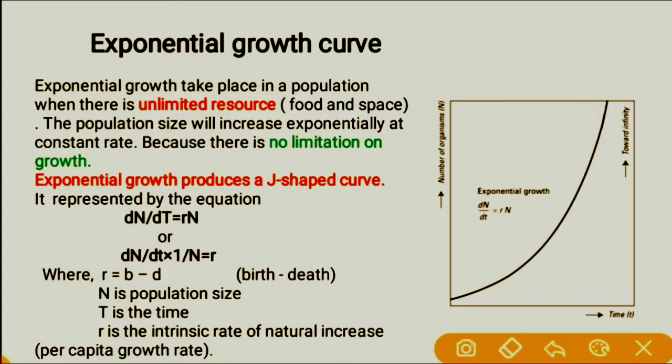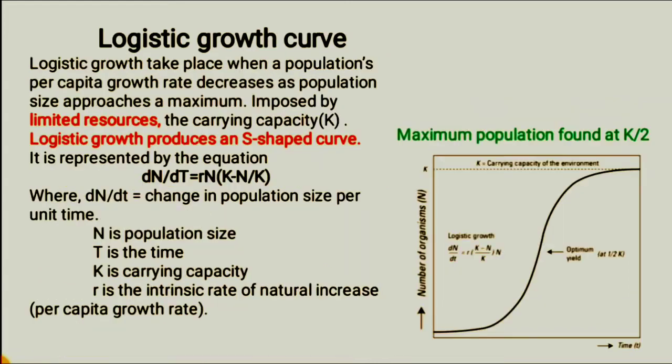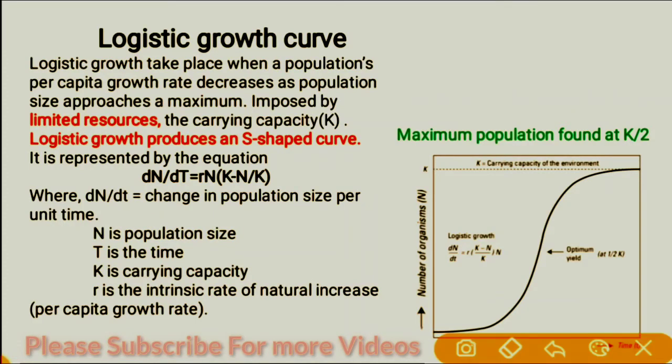So now move on to the next slide, that is the logistic growth model. The logistic growth model shows an S-shaped curve. Why the S-shaped curve? We will discuss here. Logistic growth takes place when the per capita growth rate decreases as the population size approaches a maximum imposed by limited resources. You can see here the highlighted limited resource.